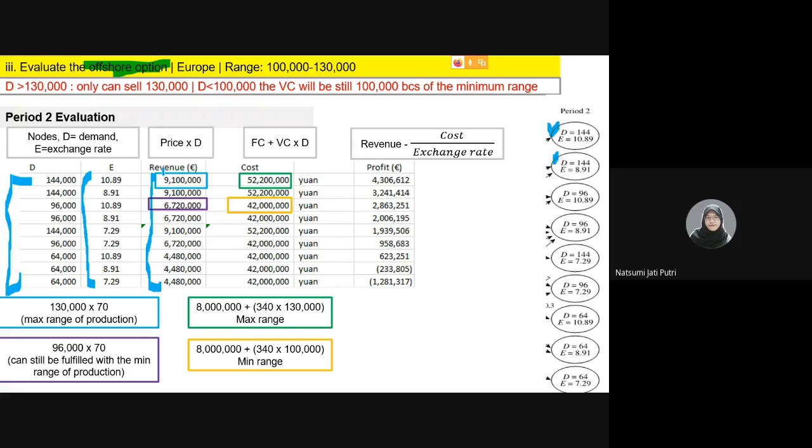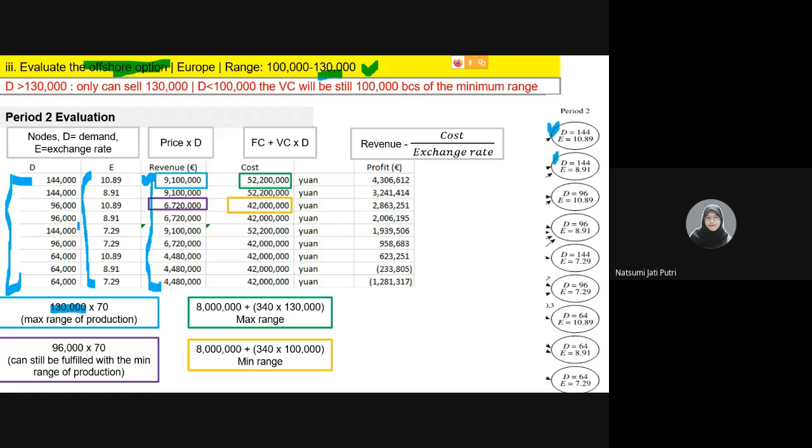So for the revenue, we need to pay attention to the demand unit and our range of production in China, because the demand is 144,000 and our maximum range of production is only 130,000. It means we can only fulfill the 130,000 units times the price 70, and we get this number.